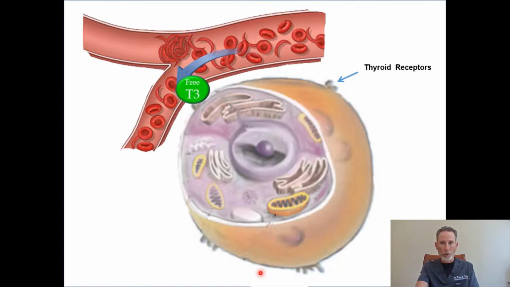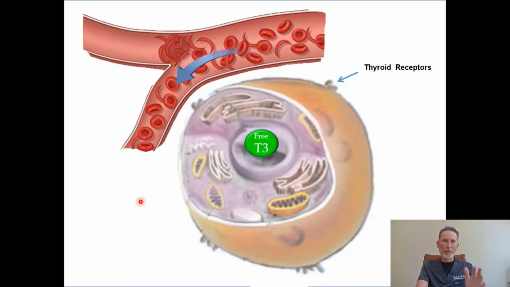And very important though, you remember that it has a thyroid receptor, which you can see up here, that must give it access into the nucleus. This is the only time that actual thyroid hormone can be used is when it gets to the T3 free form and then enters in through the receptor and gets to the nucleus of the cell.